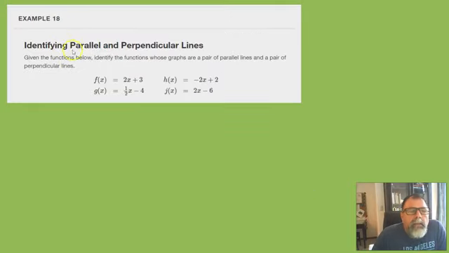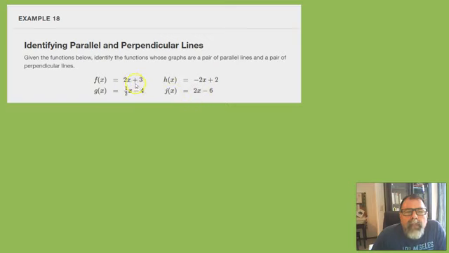Example 18, identifying parallel and perpendicular lines. Given the functions below, identify the functions whose graphs are a pair of parallel lines and a pair of perpendicular lines. So remember, to be parallel, the slopes have to be equal. So let's see, we've got 2x, 2x.